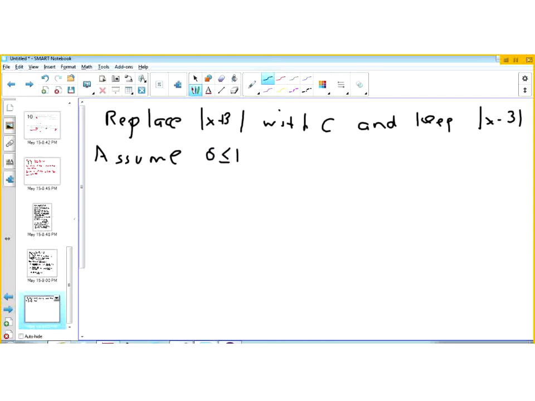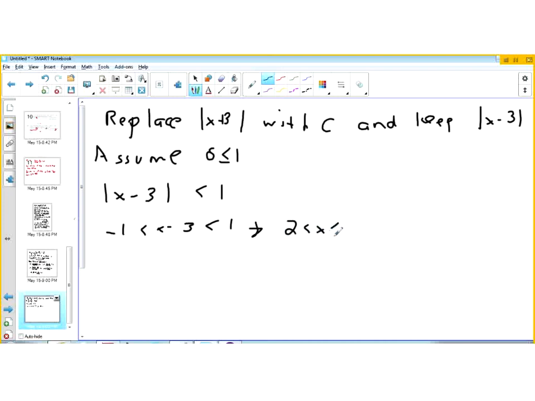Assume, as always, delta is less than or equal to 1. If that's the case, then we have the absolute value of x minus 3 is less than 1. This comes from our if statement.